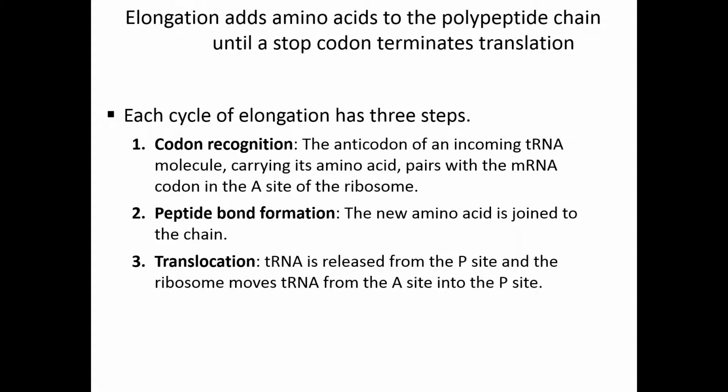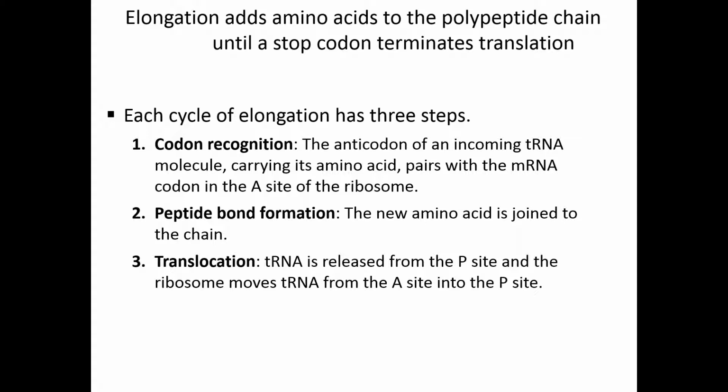You can kind of think of the messenger RNA molecule as being pulled through at the 5' end out of the ribosome. It's kind of like one of those tops that had this long plastic key that kind of looks like messenger RNA, and you would pull it through the top, and the top would spin.